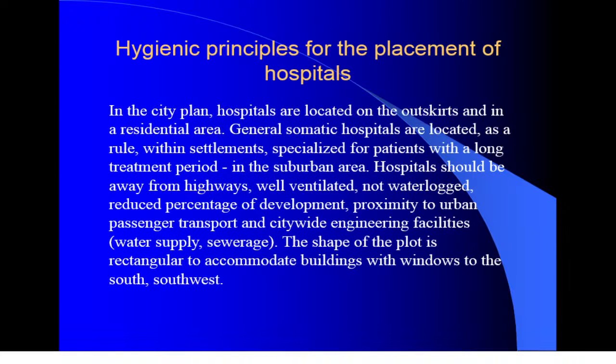The next question we should discuss is hygienic requirements for the placement of hospitals. In the city plan, hospitals are located on the outskirts and in residential areas. General somatic hospitals are located as a rule within settlements; hospitals specialized for patients with a long treatment period are in the suburban area. An example of such a location may be an anti-tuberculosis dispensary. Usually it's in a suburban zone.